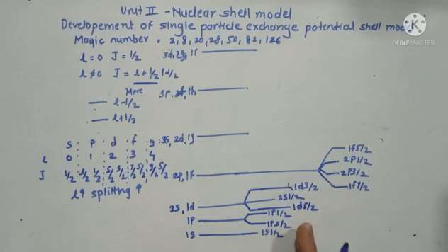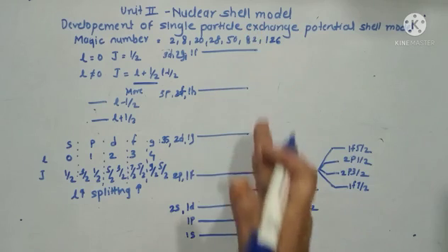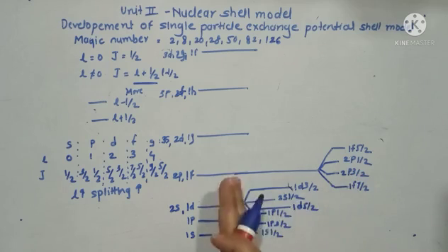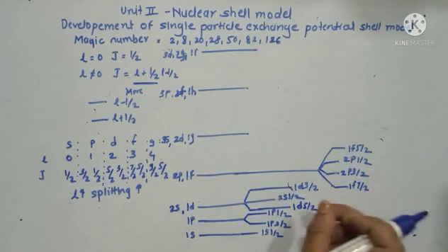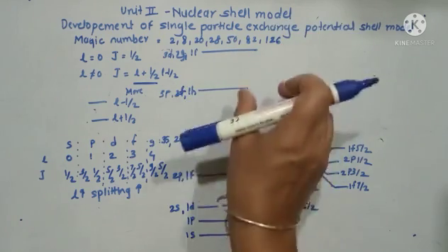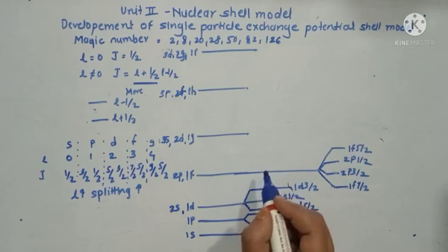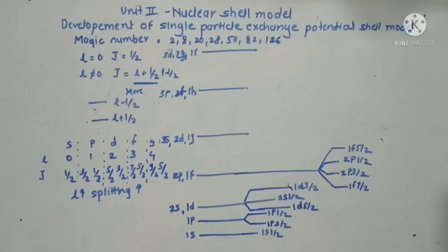Okay, so all the things should be in the same vertical plane, but here I cannot show that, so therefore I am showing it a little bit ahead of this. But all the energy levels should be in the same vertical column. So you just draw it in your notebook properly, or I will show from my notebook how it should be.